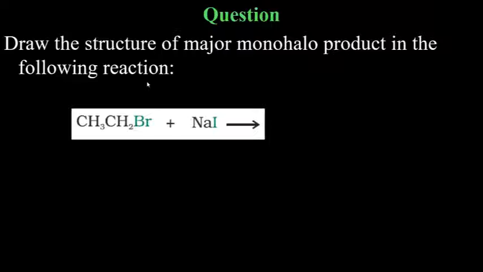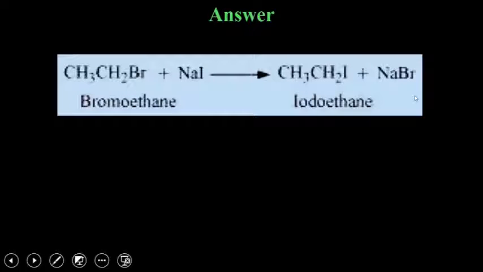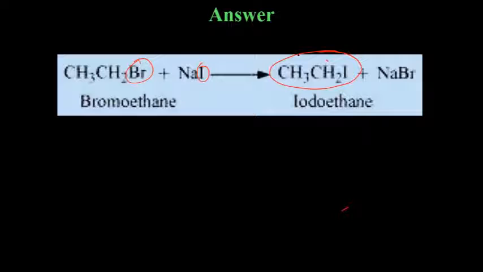So this is basically the halogen exchange method, the Finkelstein method, where we get iodides. So iodine will replace bromine, and we will get ethyl iodide, iodoethane. Simple concepts. If you can remember, you will be able to answer the questions.